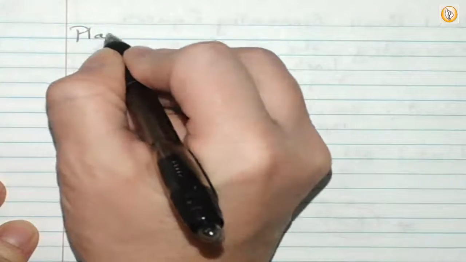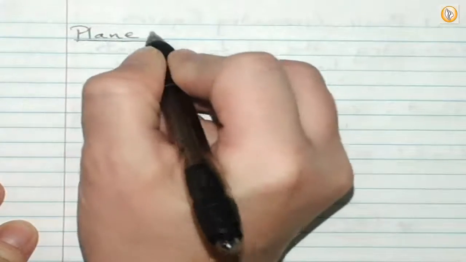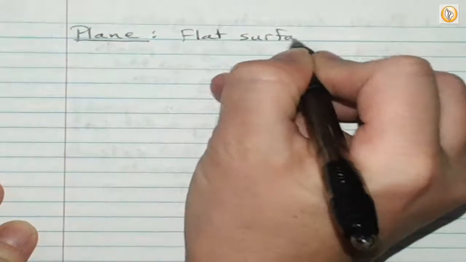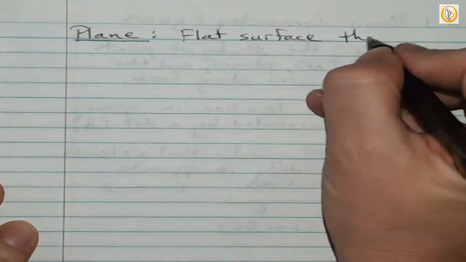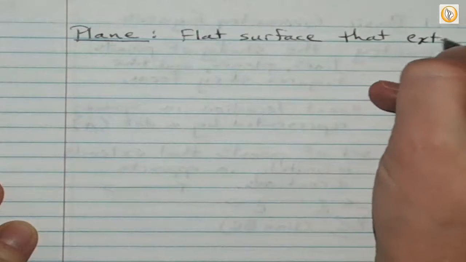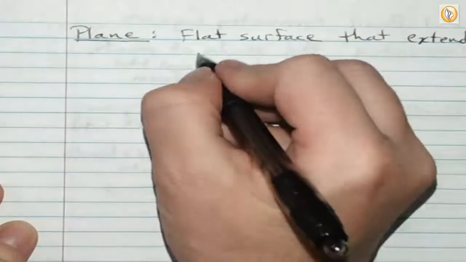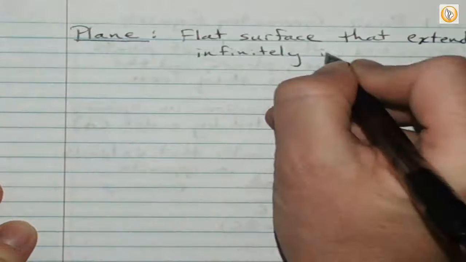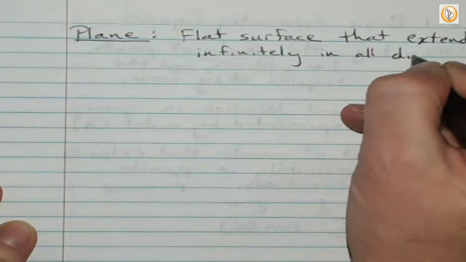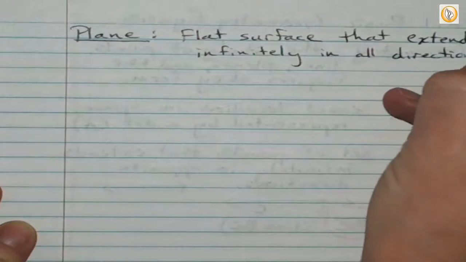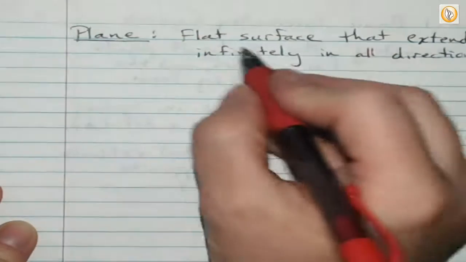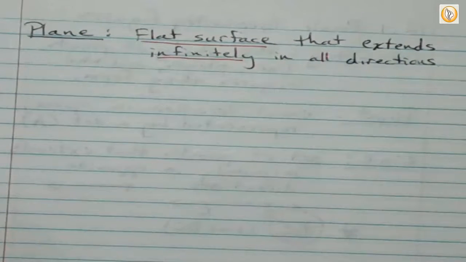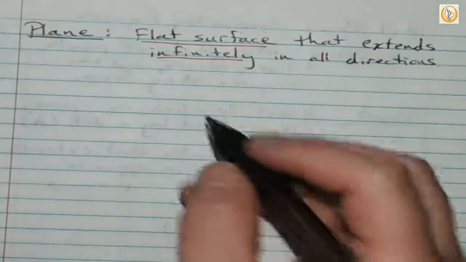Plane. It is a flat surface that extends infinitely in all directions. So it's a flat surface that extends infinitely in all directions.